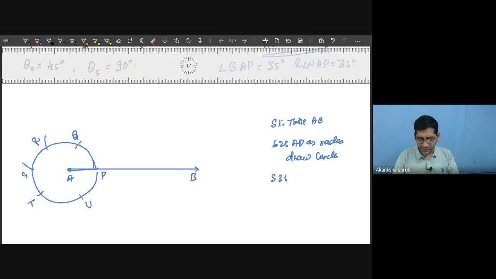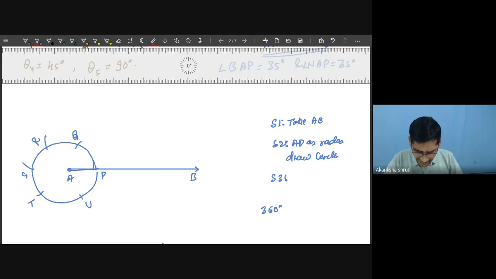So you can observe this circle is making the angle of 360 degrees at a point. So this 360 is divided into 6 equal parts, from P coming back to P you are getting this 360 degrees.